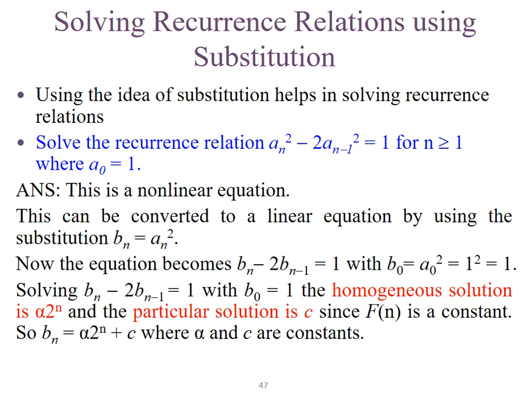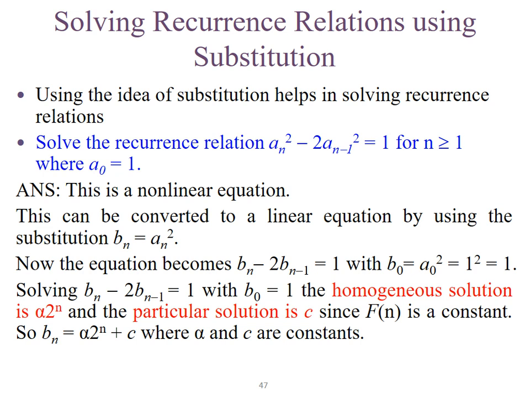Now we have a_n^2 as b_n, and 2a_(n-1)^2 becomes 2b_(n-1), so b_n - 2b_(n-1) = 1. Now we have rewritten it, it becomes a linear non-homogeneous relation, right? If we can rewrite it as a linear non-homogeneous relation, then we can apply Theorem 5 again to discover the particular solution and the homogeneous solution.